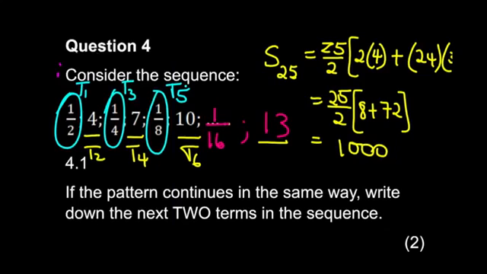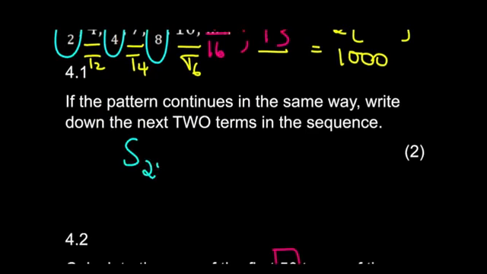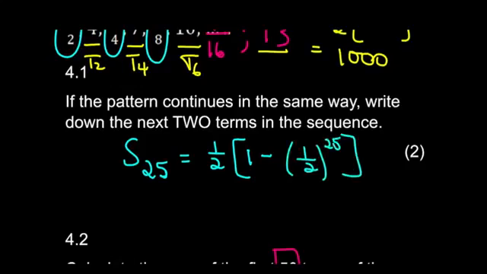Okay, and then the blue ones, the sum of 25 of the blue sequence would be geometric, so it would be A into 1 minus r to the 25, what did we get our r as? A half. So 1 minus a half. Okay, let us just fix that up there. And we need the blue, so it's a half to the power of 25 divided by 1 minus a half, which is a half.